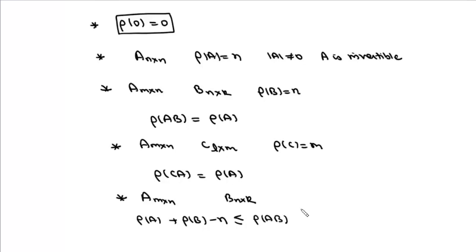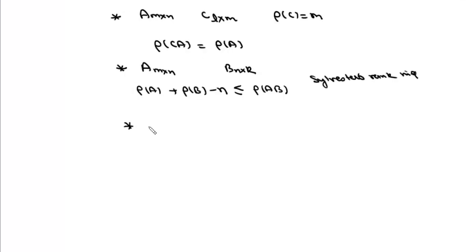And this inequality is called Sylvester's rank inequality. And this we have already done, which is rank of A plus B is always less than or equal to rank of A plus rank of B.